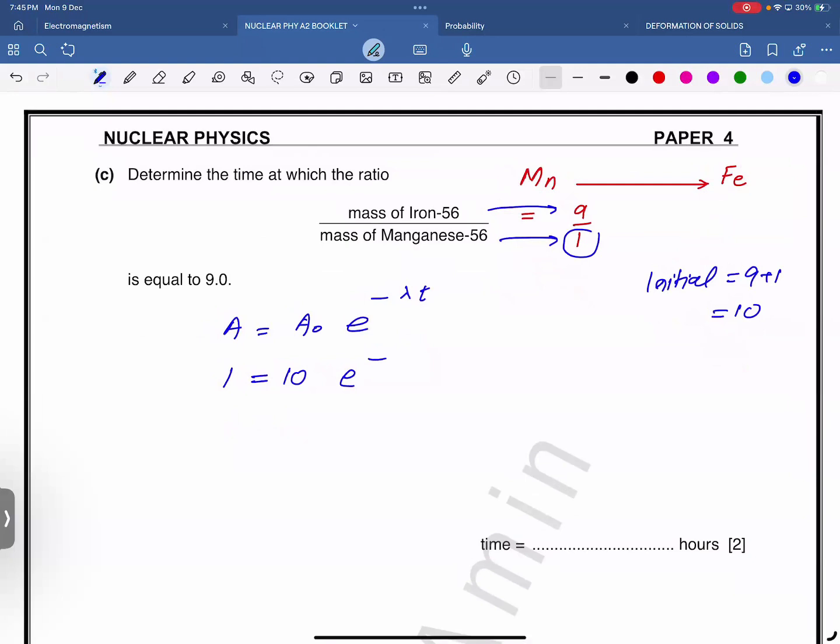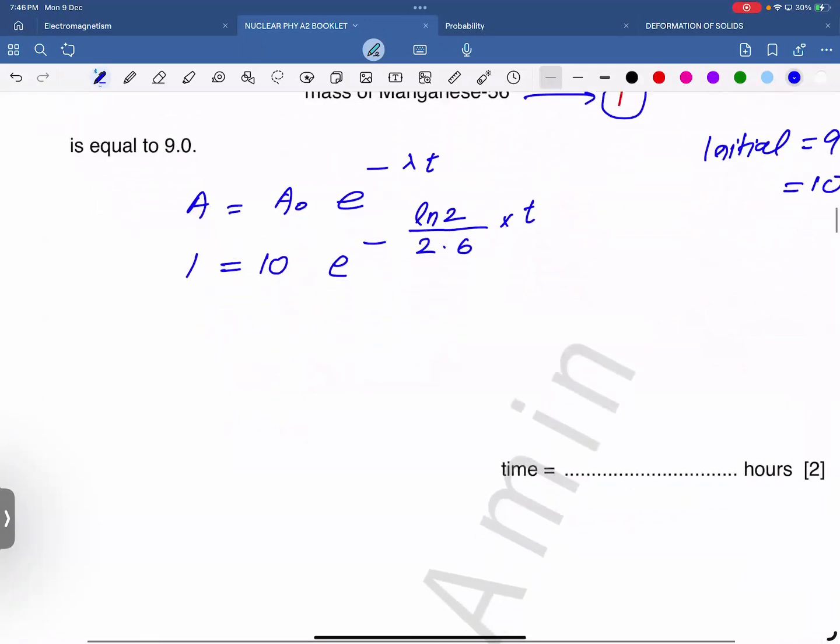Now you need hours, so you will use the lambda in hours. So lambda is ln 2 over 2.6, into t. Those students who can directly do it, I allow you. Others, look here: 1 divided by 10 equals e power minus ln 2 over 2.6 times T. So take ln.